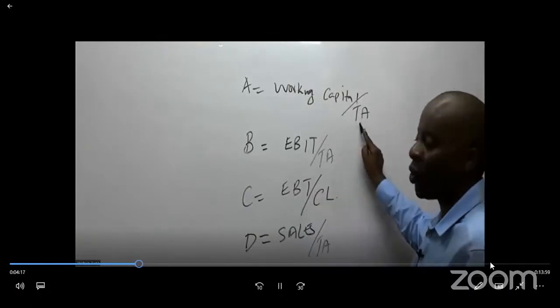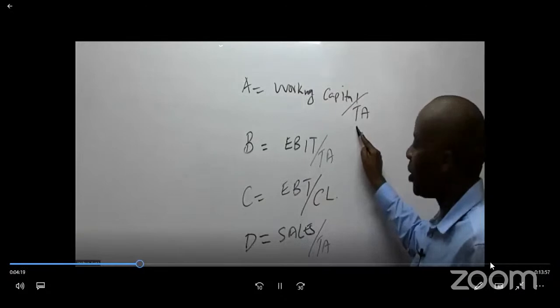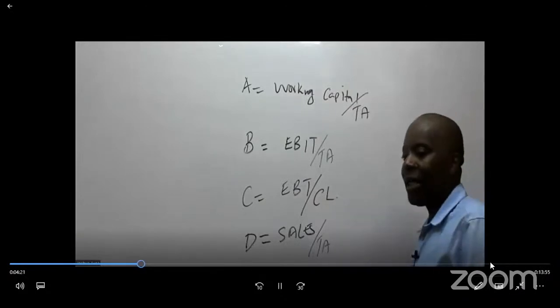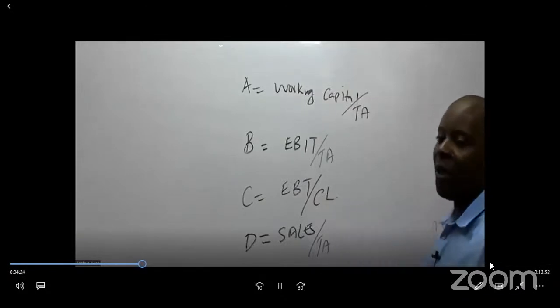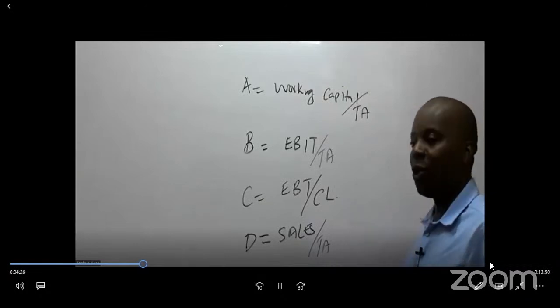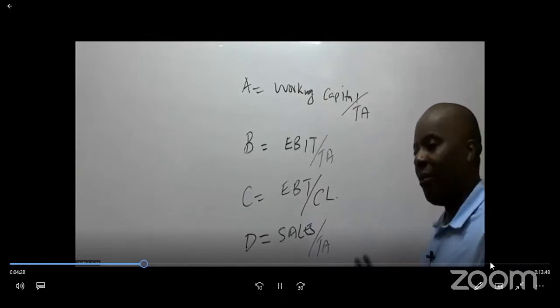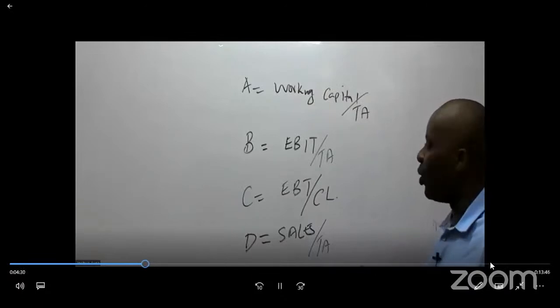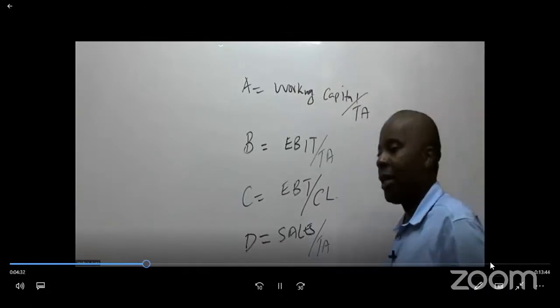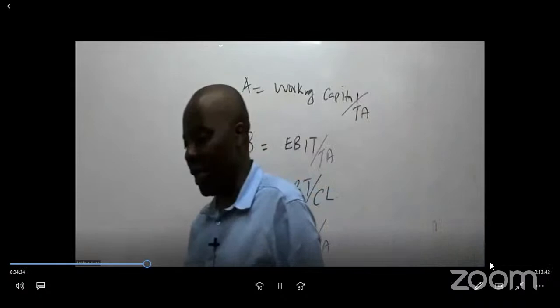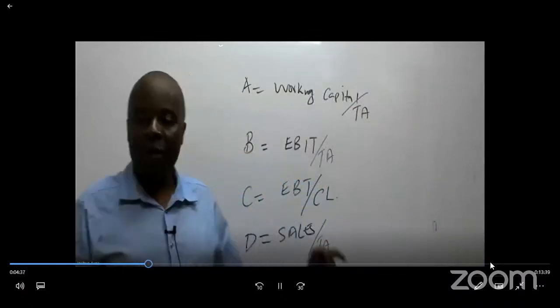Remember, TA is total assets. CL stands for current liabilities. This is how we get the four ratios under the Springate model.